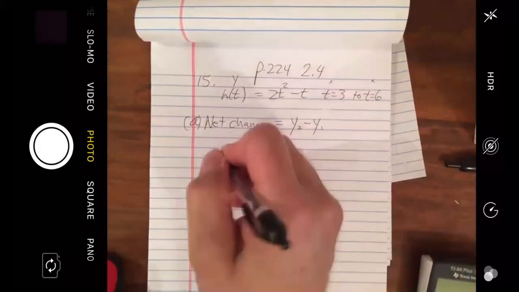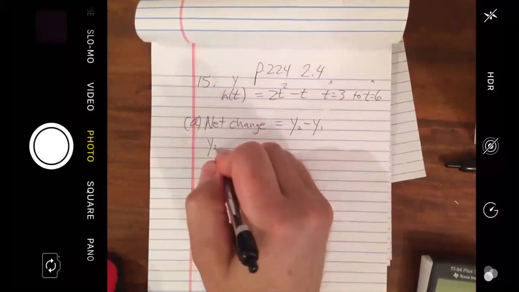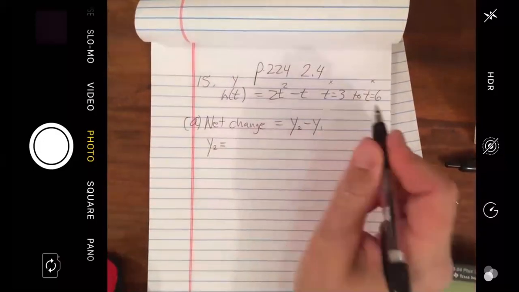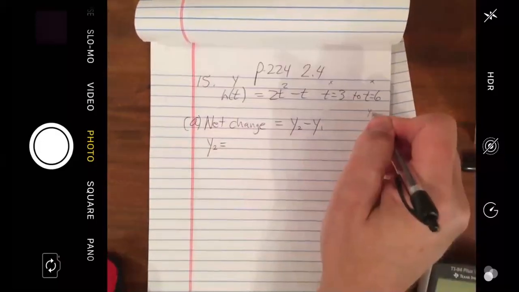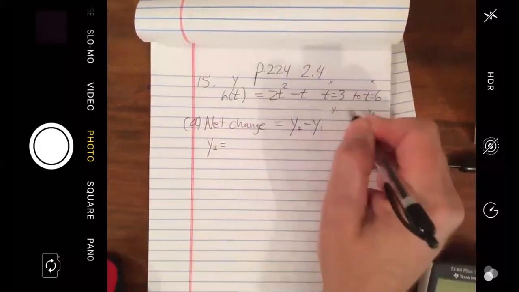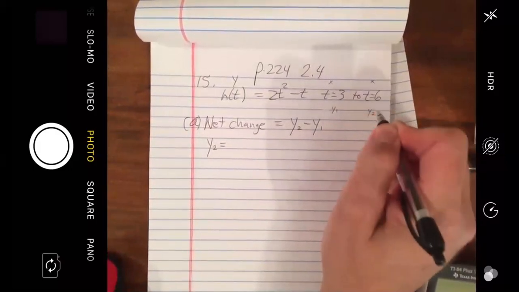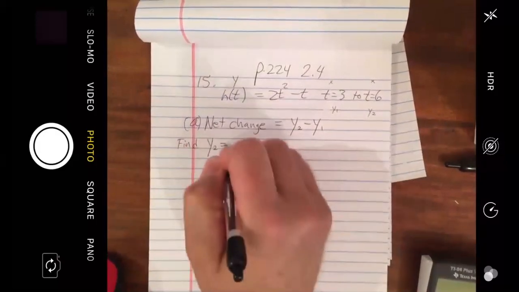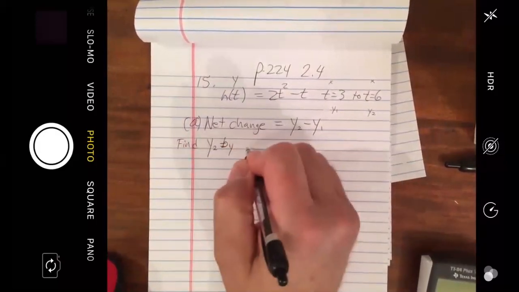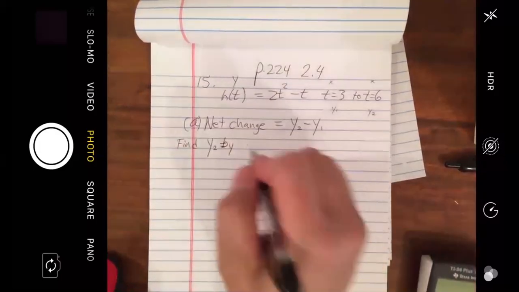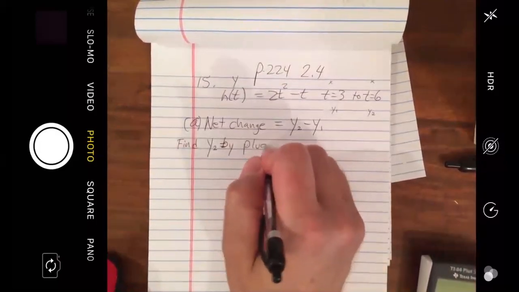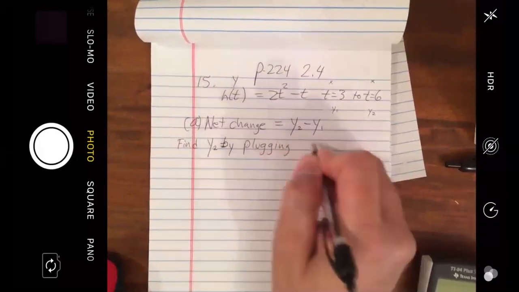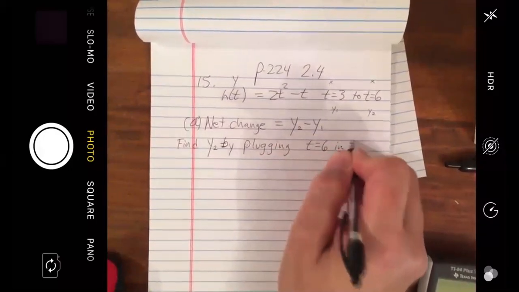So to get this y2, y2 would correspond to this and y1 would correspond to this. I find y2 by plugging t equals 6 into the formula.